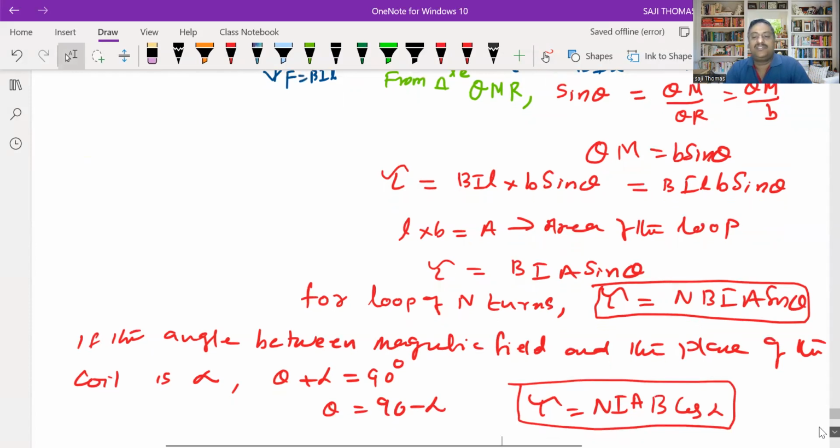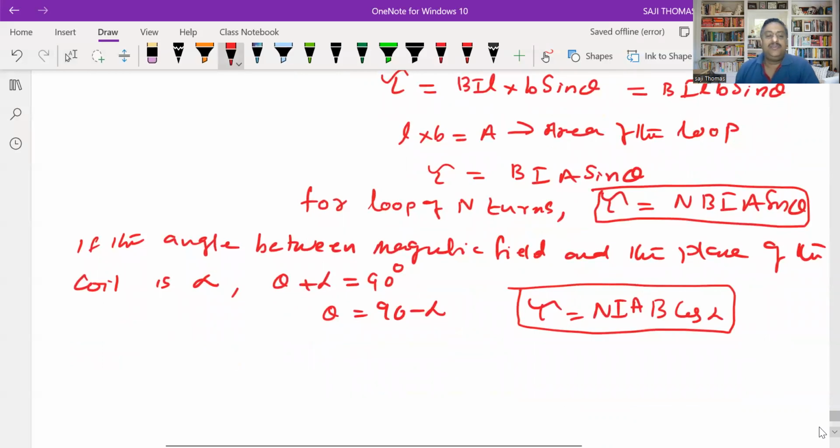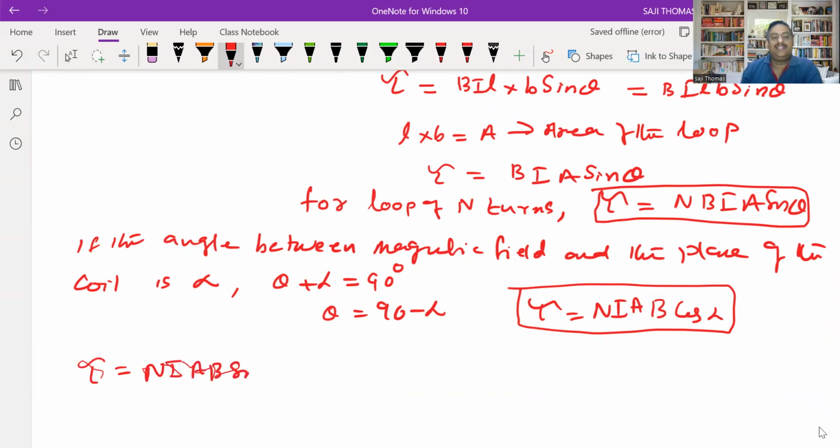So remember this equation also. And you know, torque is equal to N I A B sine theta. Okay. But I into A into N, this is known as magnetic moment.